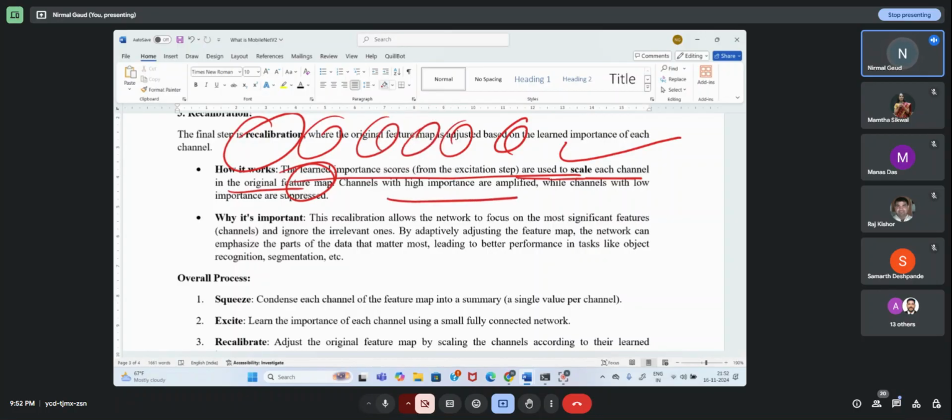Recalibration again, because you are using MobileNet. This is a small architecture. It is only fetching relevant information. We don't want this MobileNet to work upon the entire data. Not everything is important.